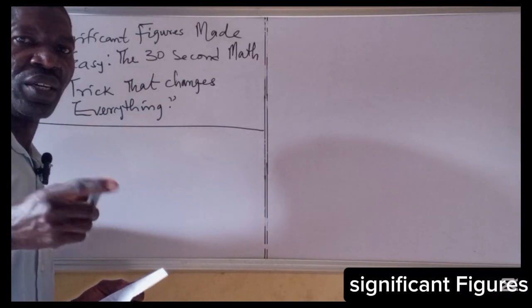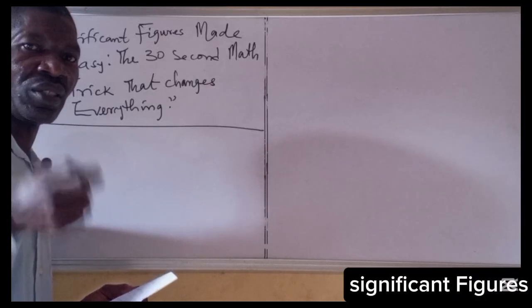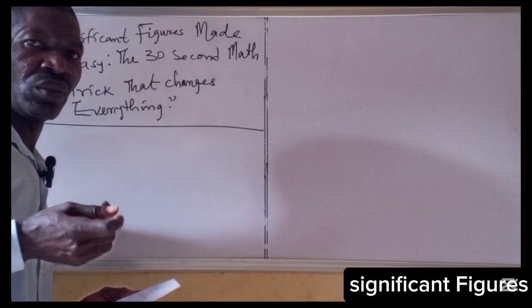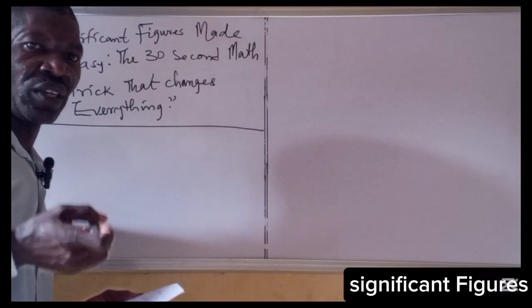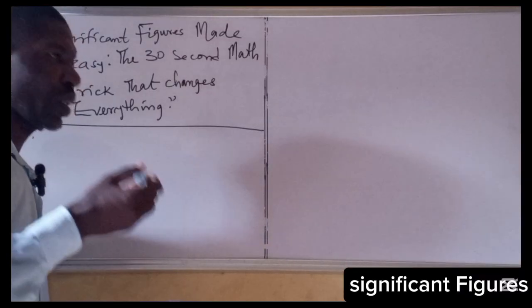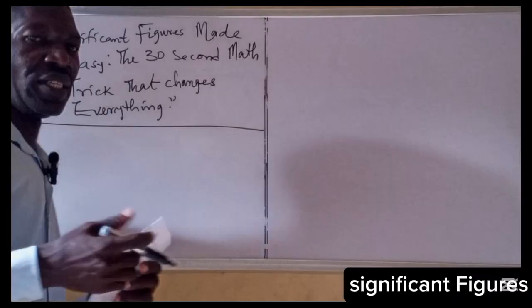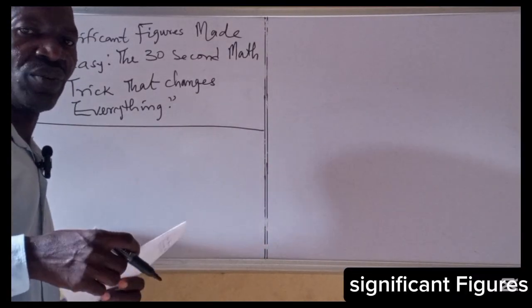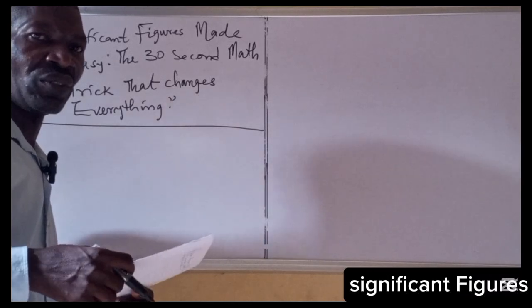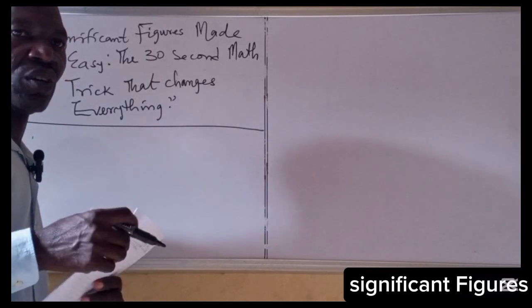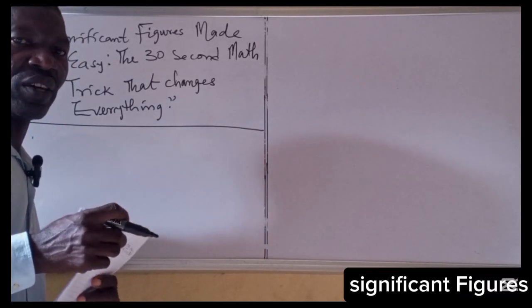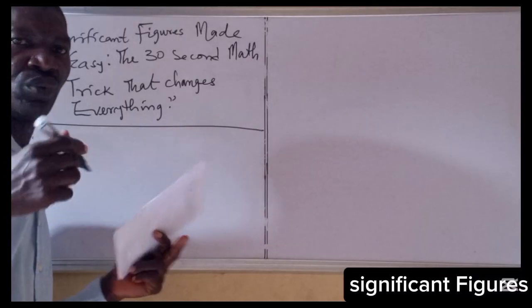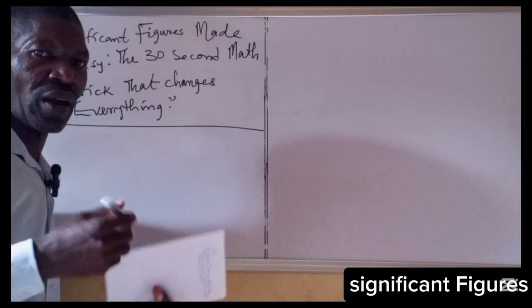Zero in the middle is counted as significant figure, and zero after a figure is not counted as significant figure. However, if the figure requires the zero after a figure to make the number of significant figure complete, it counts. So we'll be taking an example to see how this applies.